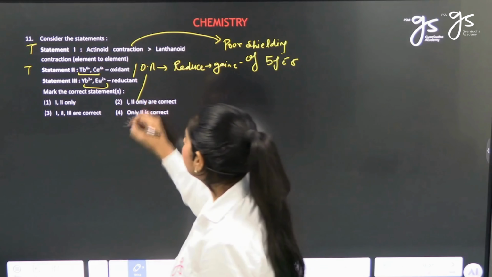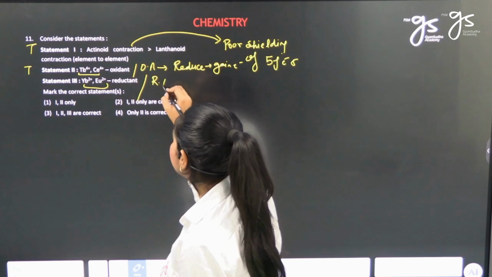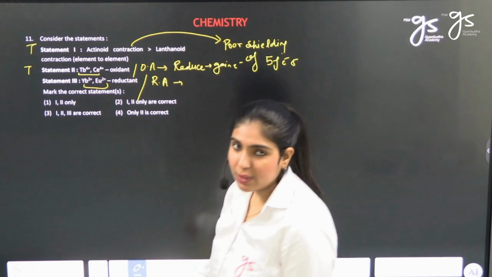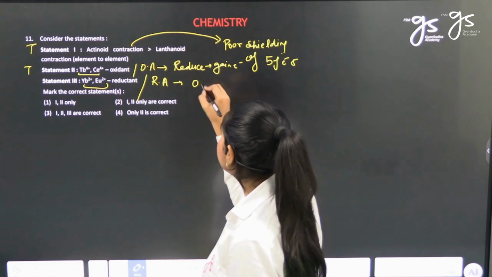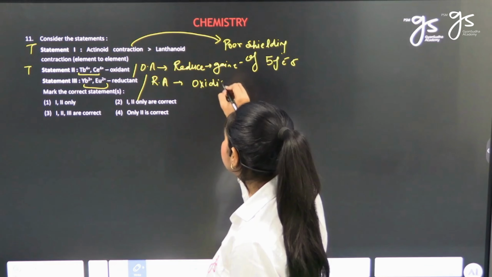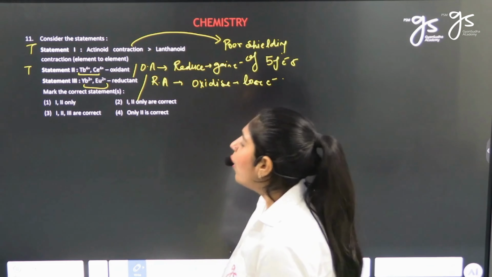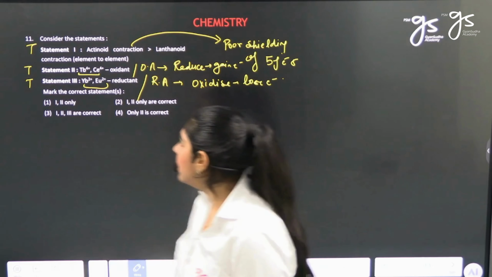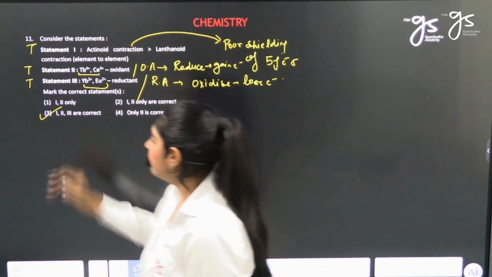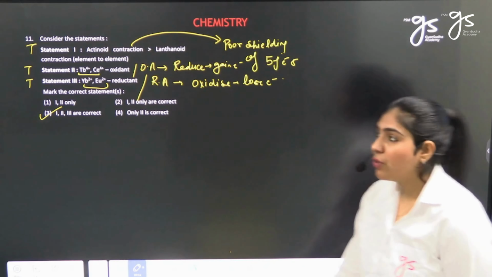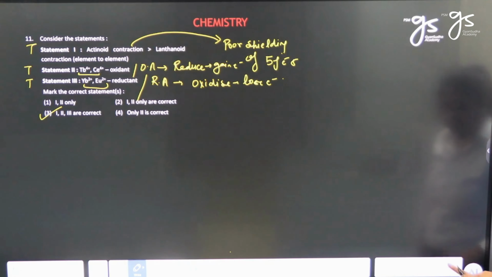So reductant, yes, they can also be called as reducing agent. What are those? They oxidize themselves and they lose electrons. So all the 3 statements are correct, right? So I hope you have understood it well. Now moving to the next question.